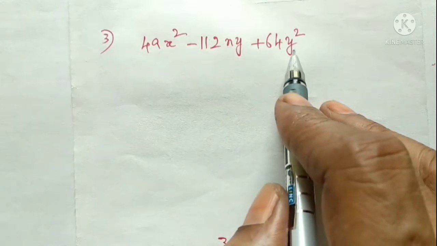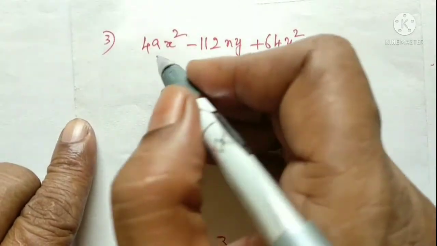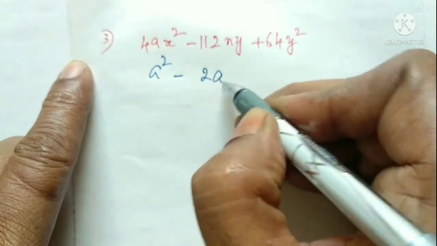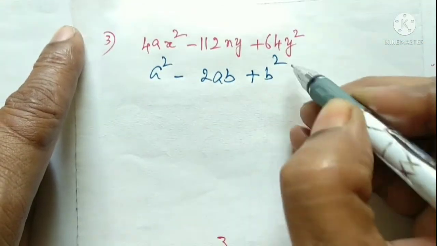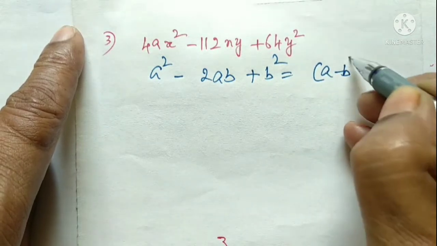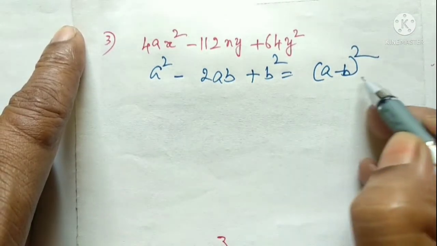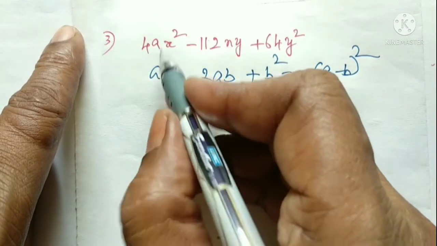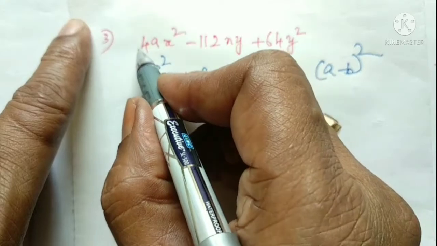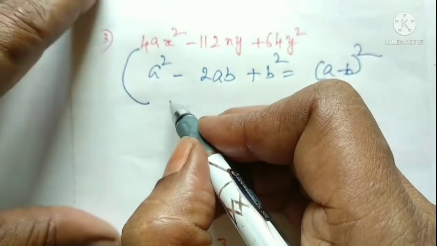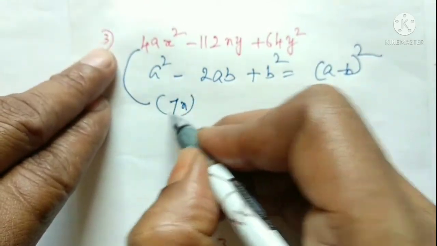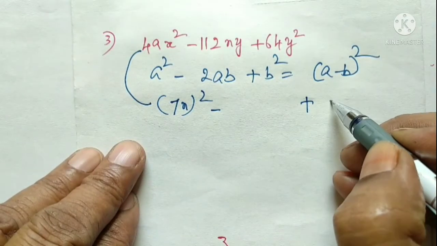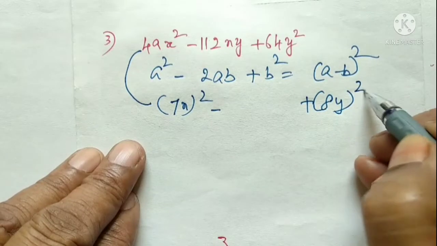Simply by observing this, we have to remember this: a square minus 2ab plus b square is equal to (a - b) whole square. This identity we have to remember by seeing this simply. So, if you compare this, again I am writing this here. 49x square means (7x) whole square, and here I am writing this 64 as 8 eights are 64, (8y) whole square.